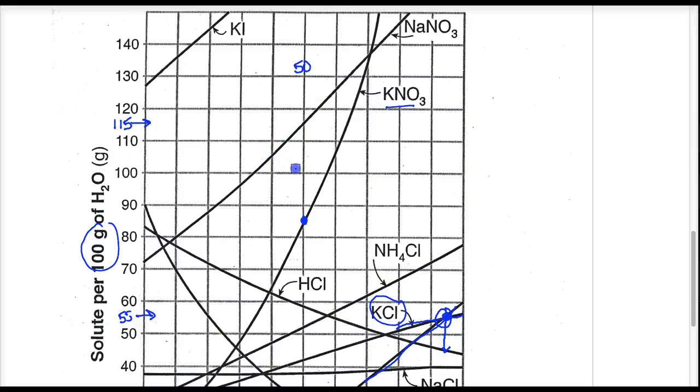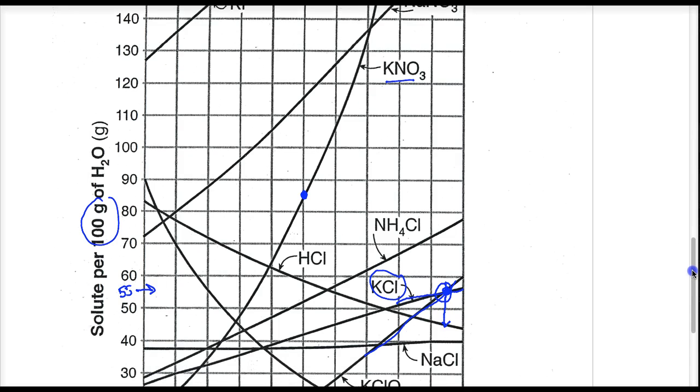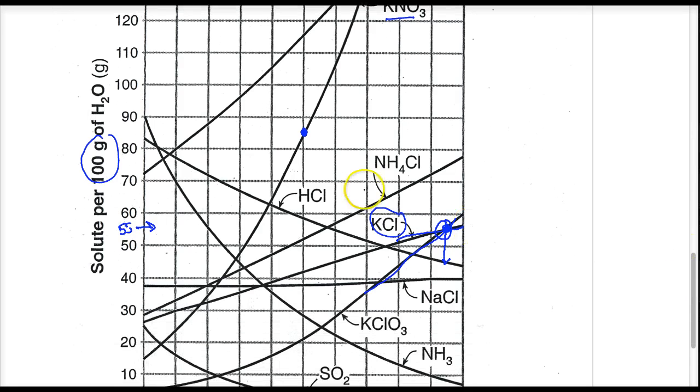So again, not hard problems, as you can see, but easy to make mistakes because you're looking at the wrong curve. Okay, so that's 50, 10, 20, 30, 40, 50. Now I'm saturated, which means I have 85 grams dissolved completely, maximally at 50 degrees Celsius.